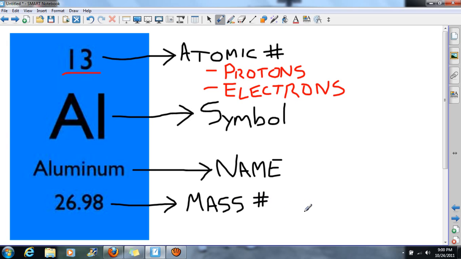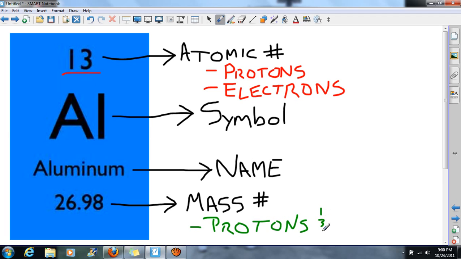The mass number will tell us the number of protons and neutrons combined.